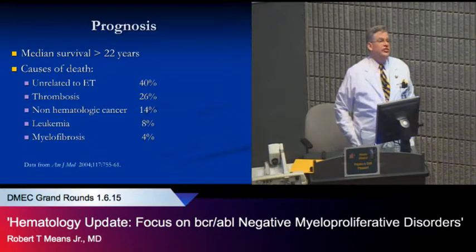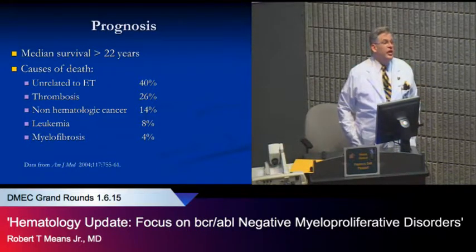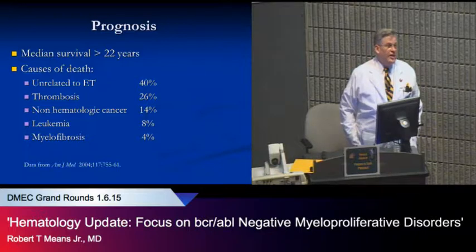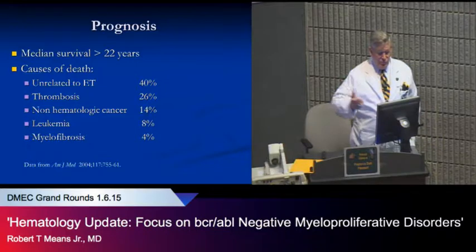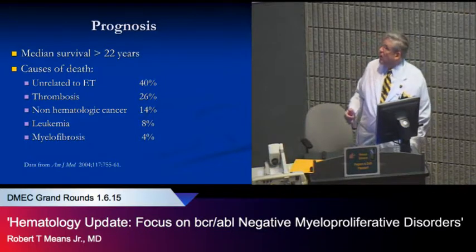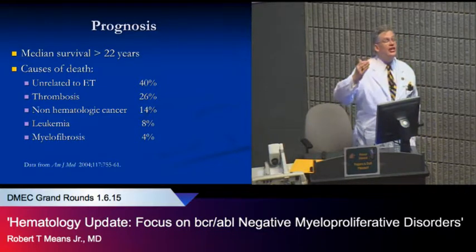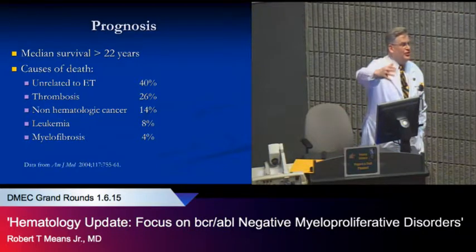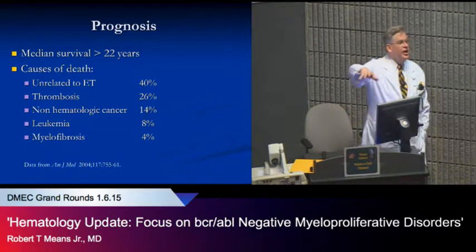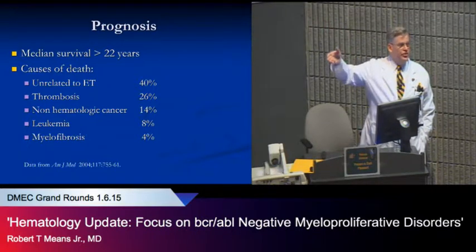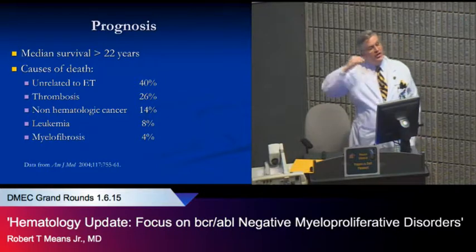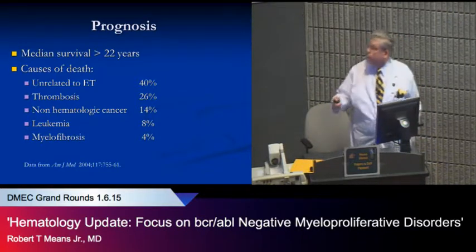In many cases, the leukemia that develops in people with essential thrombocytosis is a consequence of having been treated once upon a time with alkylating agents. If you're not treated with alkylating agents, your risk of developing leukemia is very low. And about 4% evolve to a myelofibrosis, which is not the same as the myelofibrosis that is the primary disorder. It is a post-fibrotic, post-polycythemia or thrombocytosis myelofibrosis. It is sort of an end-stage evolution of the disease.